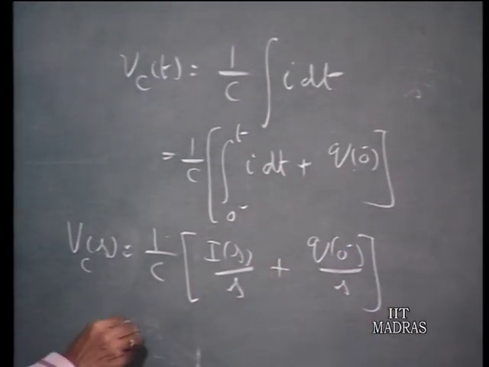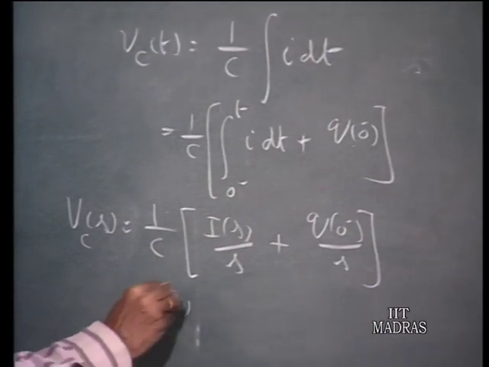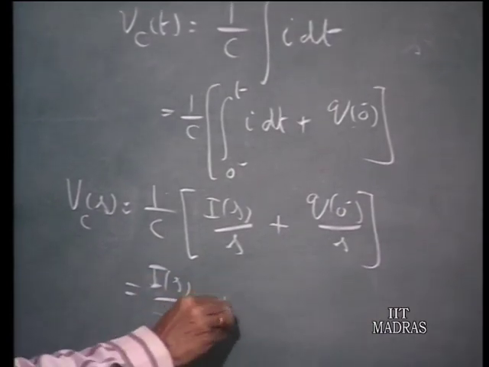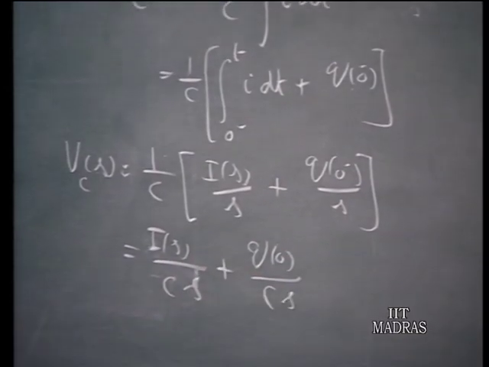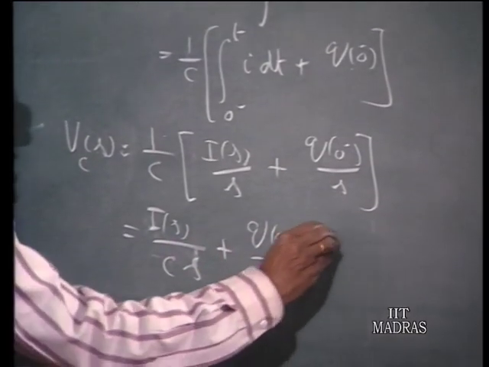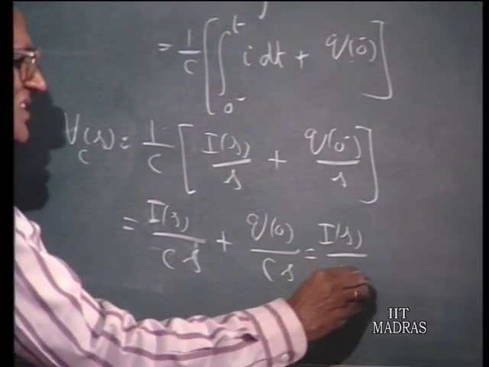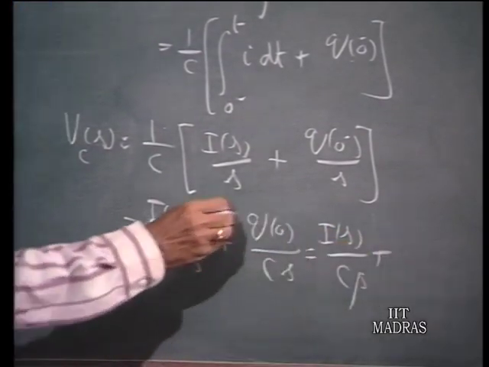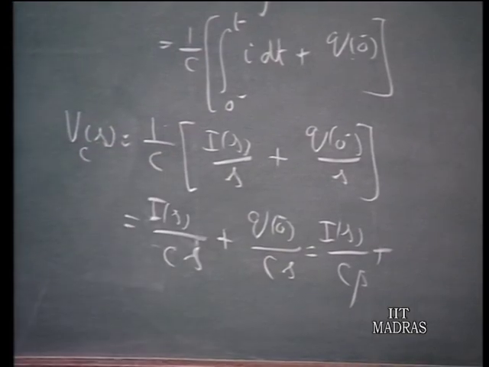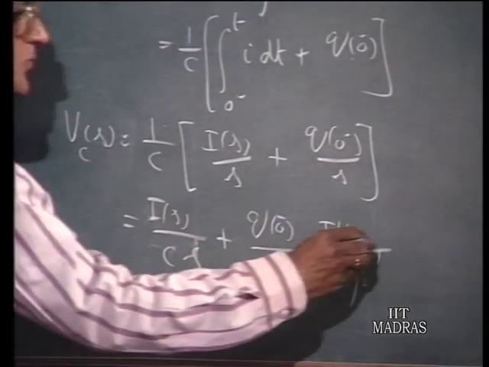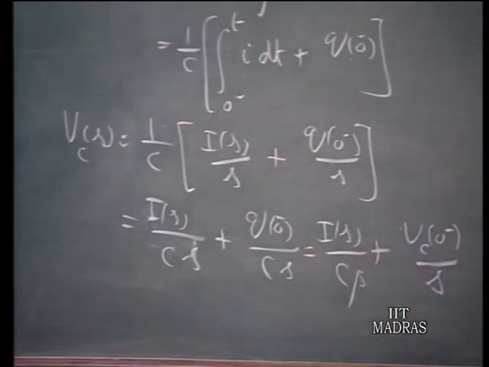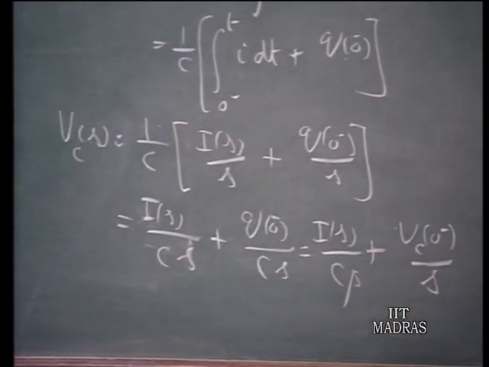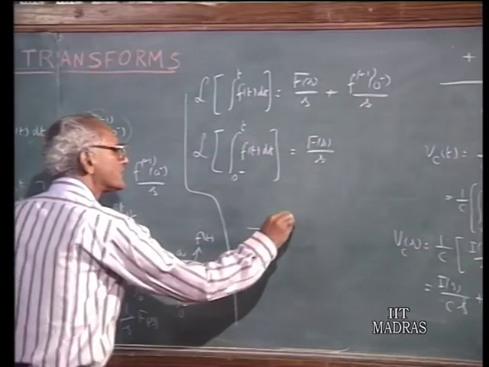So, I can write this as I(s) over Cs plus Q0 over Cs, where Q0 minus over C is the initial value of the voltage across the capacitor. Therefore, I can write this as V_C0 minus over s.